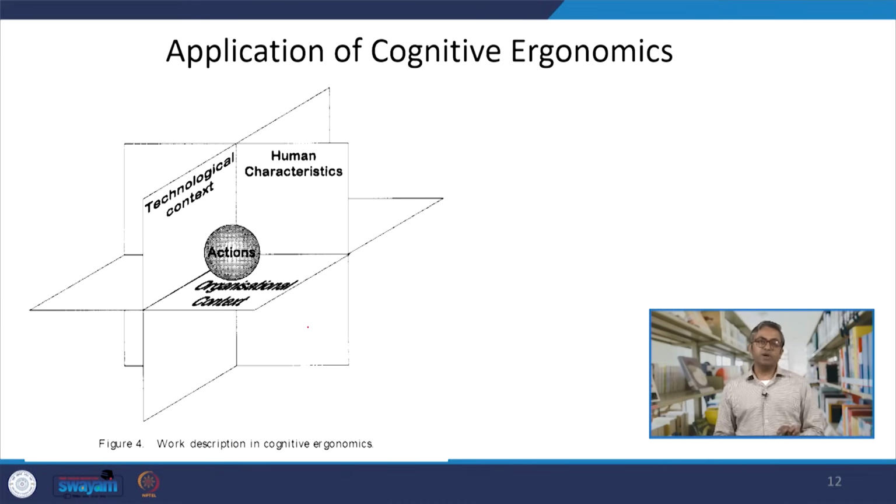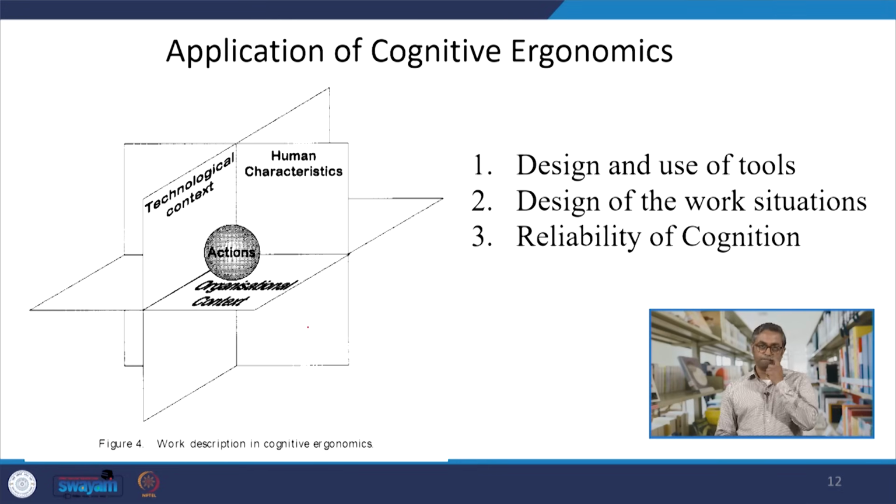The contribution by each of these factors is the deciding factor in cognitive ergonomics. It helps us in designing the tools and the usage of the tools.